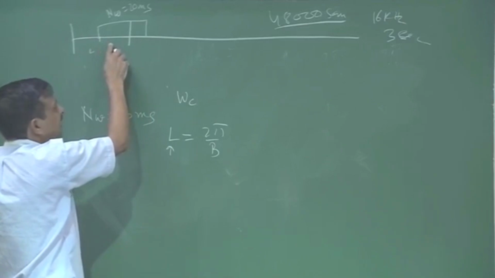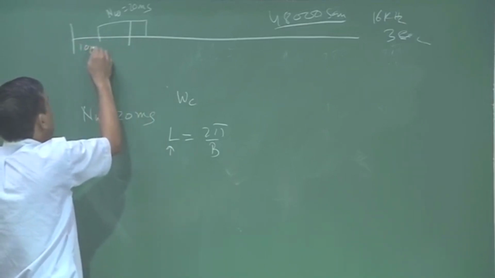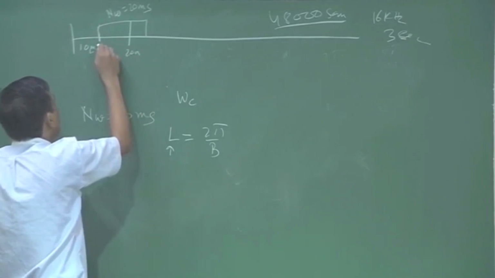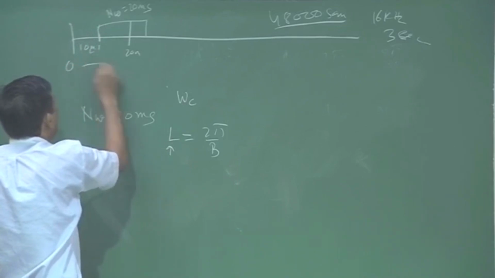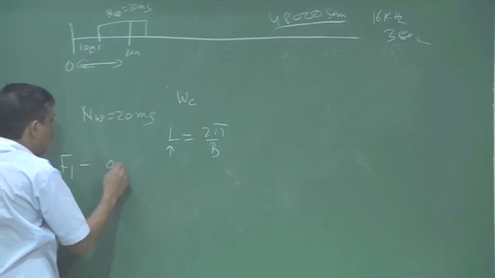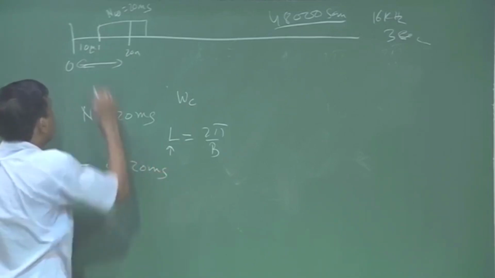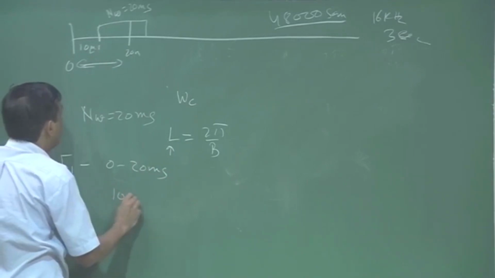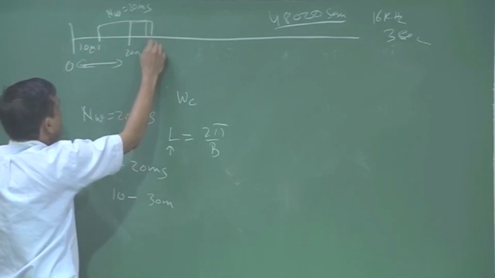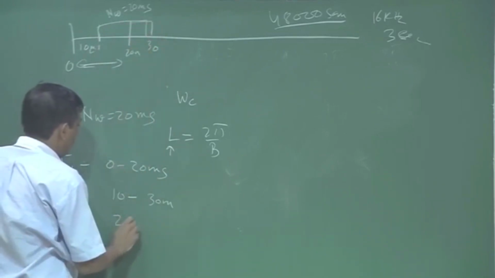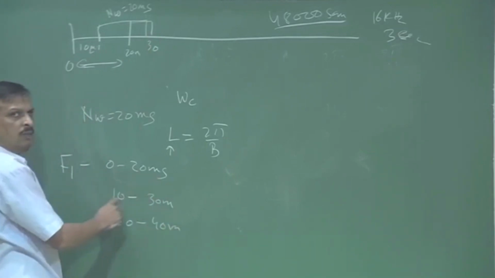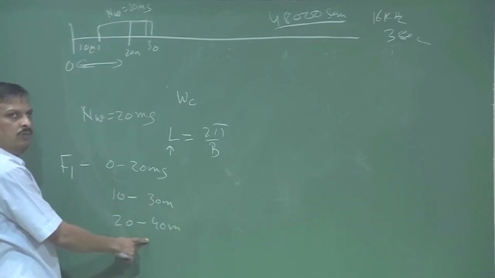So if the shifting is 10 milliseconds, this is 10 milliseconds, this is 20 milliseconds. The first window, first frame, frame 1, is 0 to 20 milliseconds. Second frame, 10 to 30 milliseconds. Third frame, 20 to 40 milliseconds. Instead of milliseconds, I can do it in number of samples.